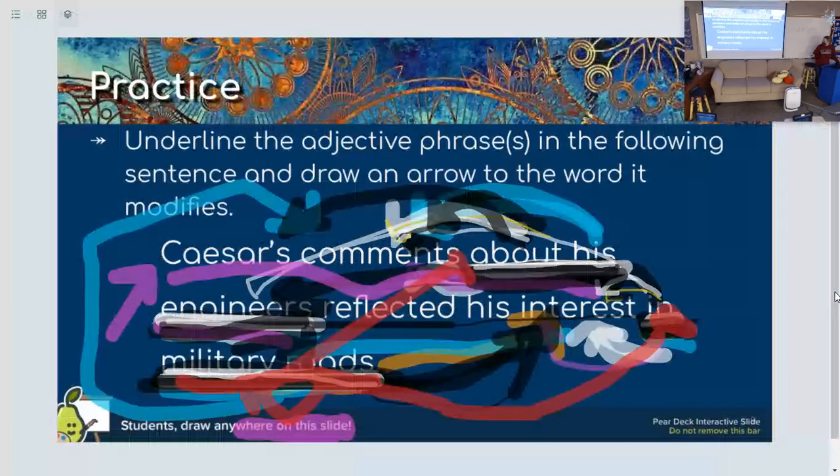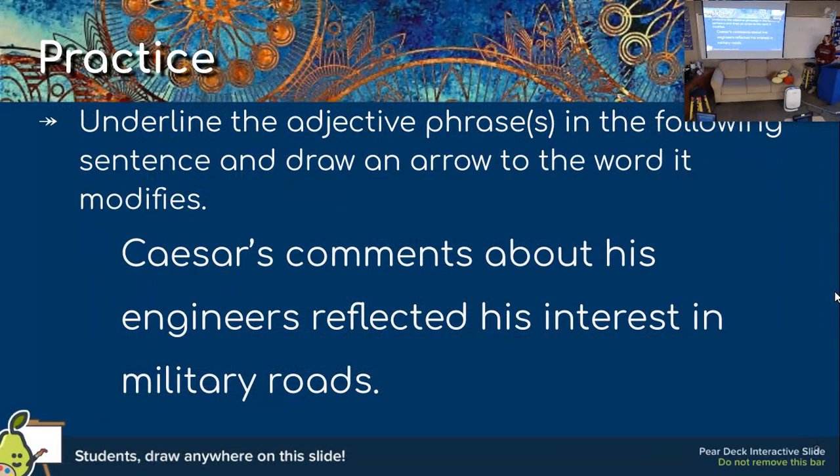Oh, wait, you can't see it. Look at this. Oh my goodness, what a mess. All right, let's talk about this here. How many adjective phrases did you guys find in this sentence? Show me on your fingers. How many are there? There's 2. Okay, so let's talk about it.